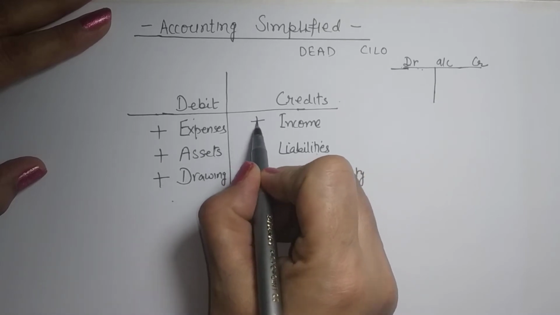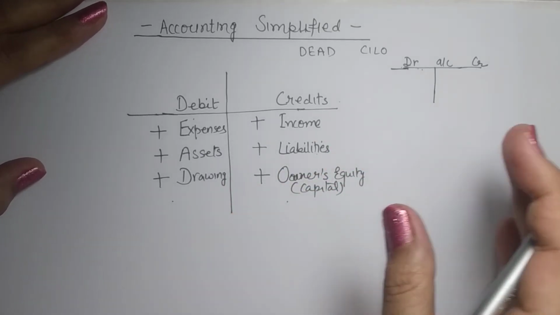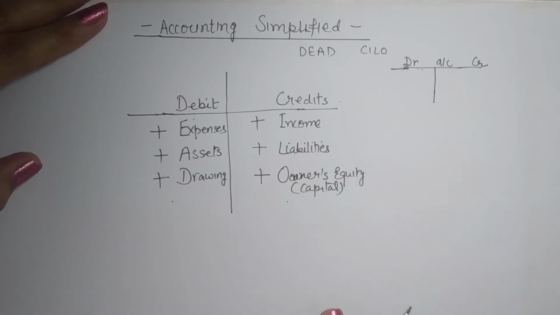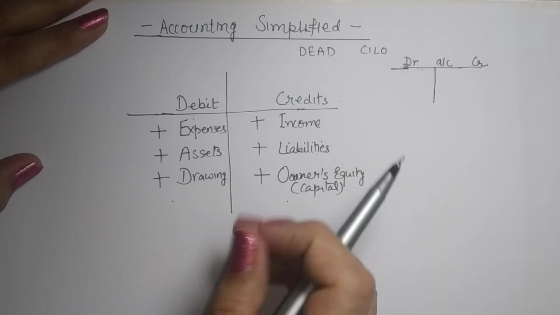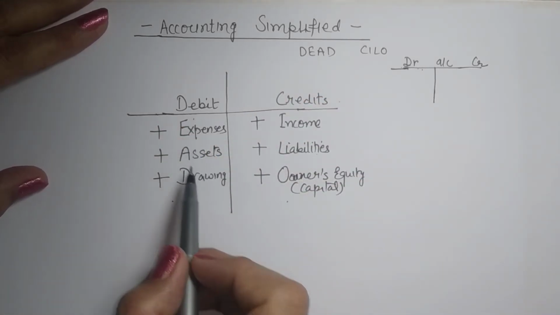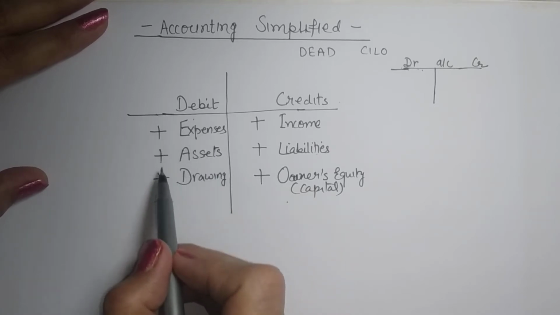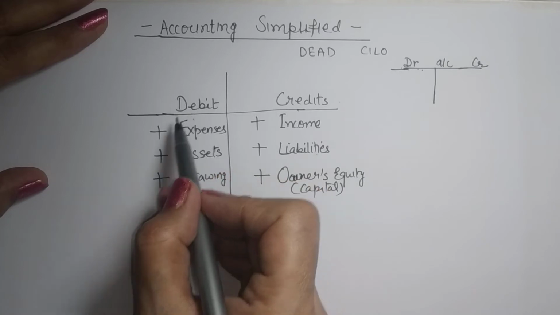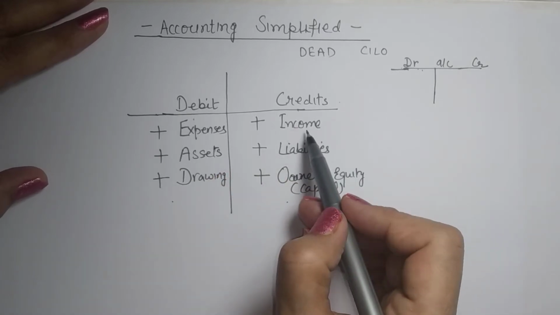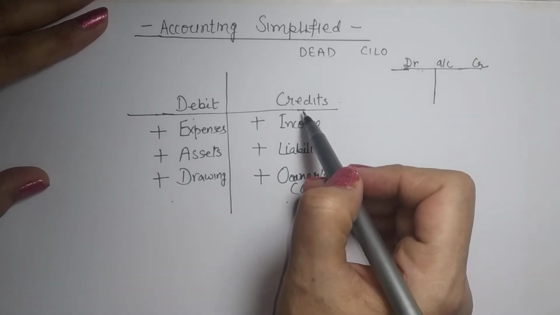While making journal entries, we are to debit some accounts and credit some accounts. To remember that debit and credit, the basic simple rule is to follow this pattern. When expenses, assets and drawings show an increase, they are debited. And when income, liability or capital shows an increase, these are credited.